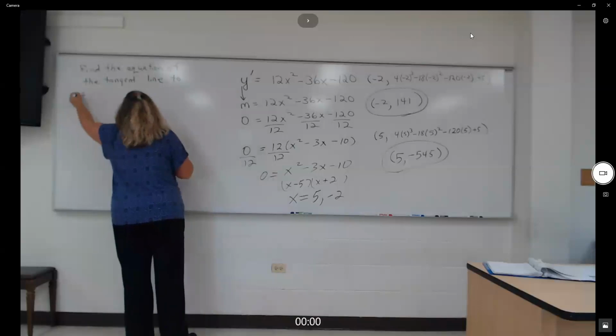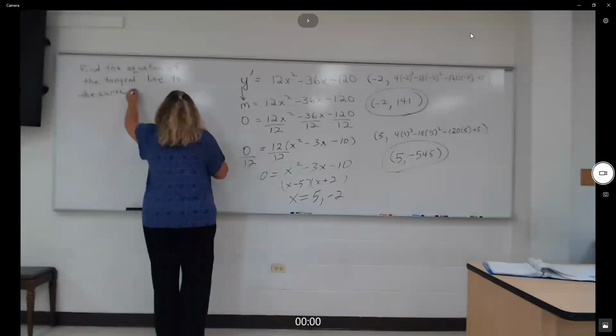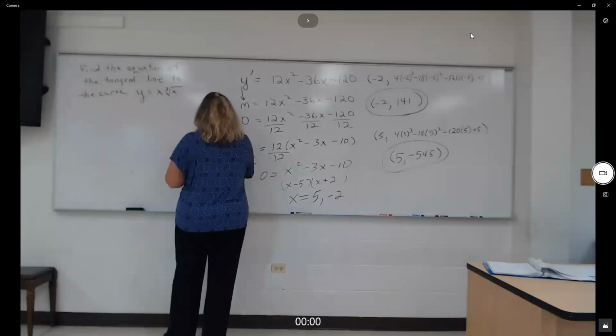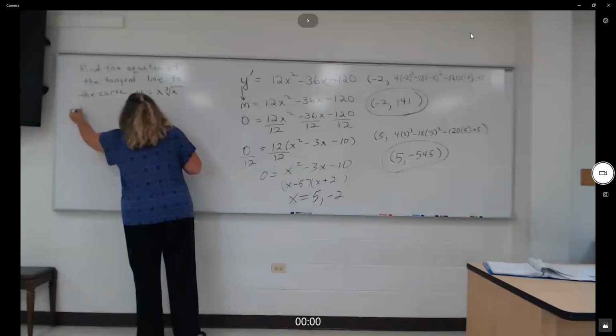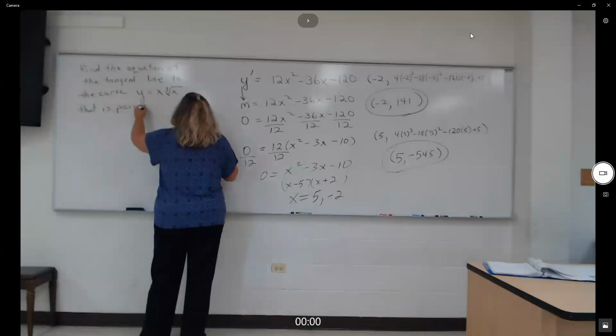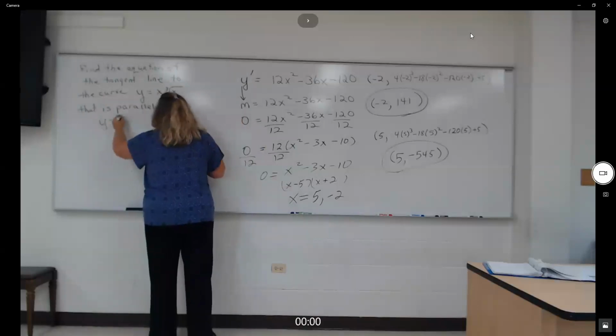Our book likes to say to the curve, but that's our original picture, which is y equals x times the cube root of x, that is parallel to y equals 4x plus 8.